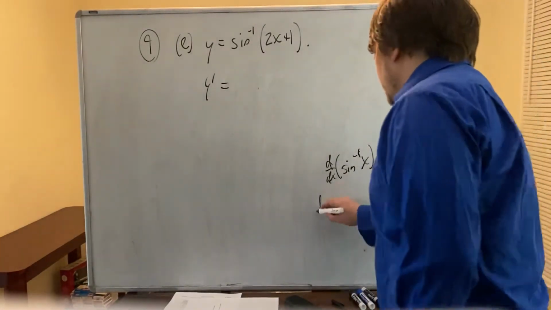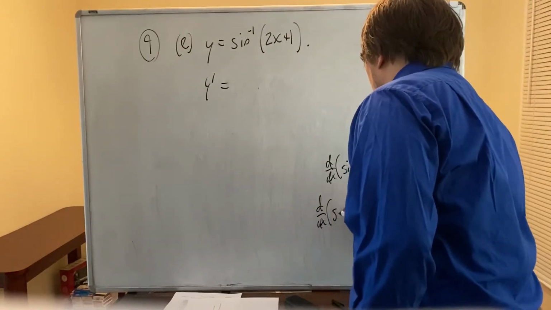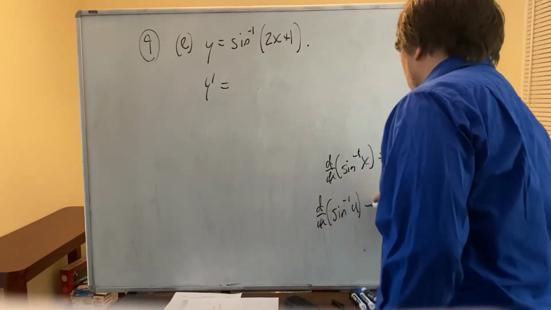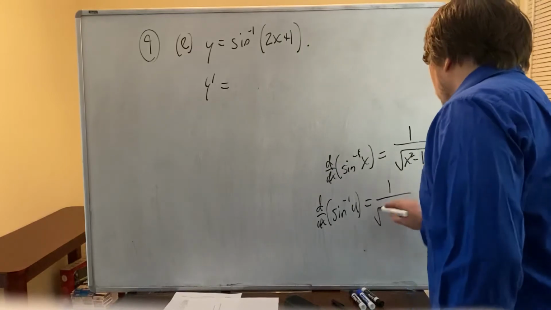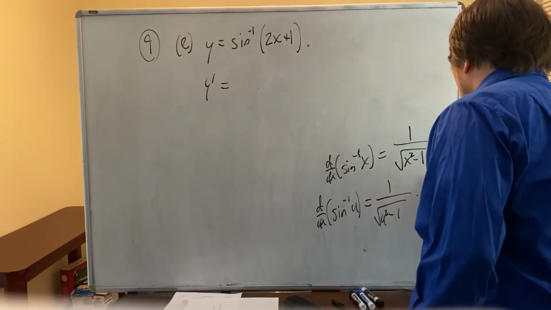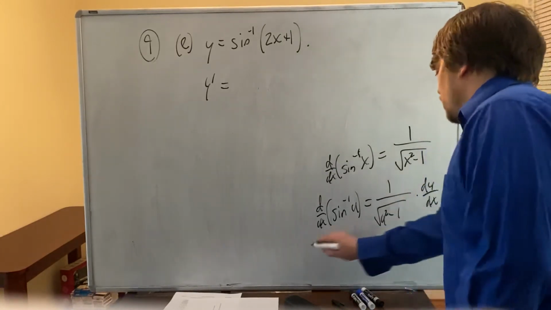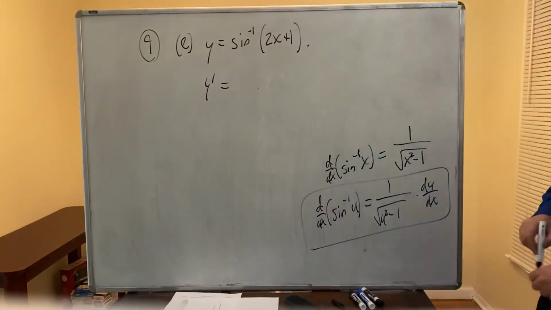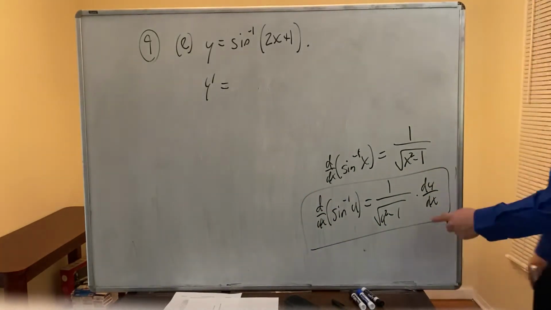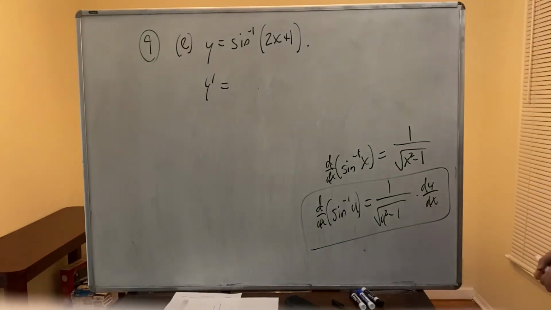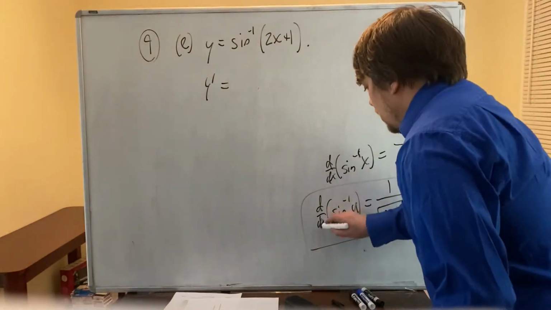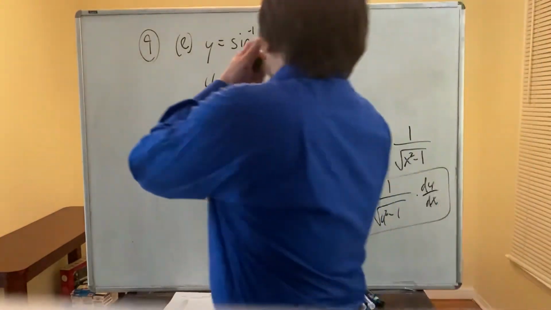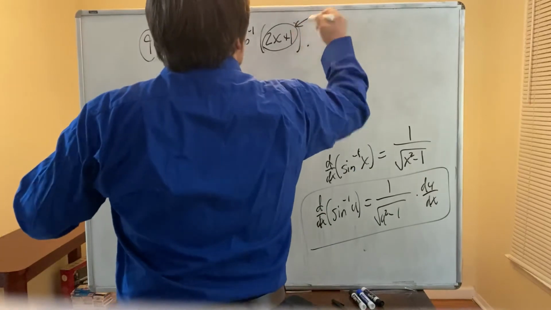So d dx of sine inverse u, where u is a function of x, is 1 over the square root of 1 minus u squared times du dx. And so we're going to use this equation here. All right, so what is u? U is 2x plus 1.